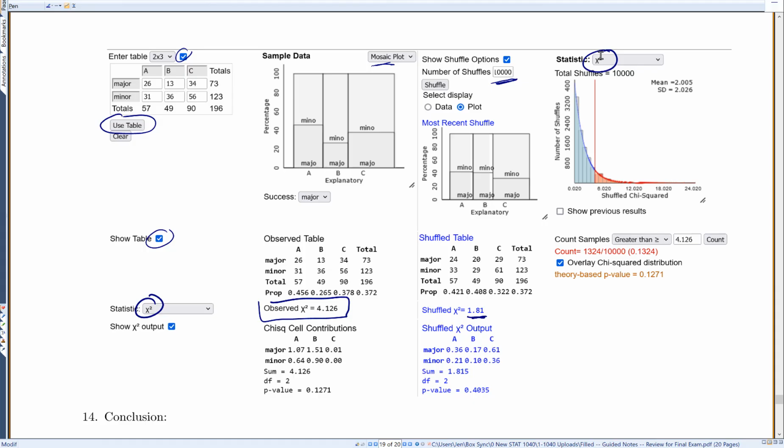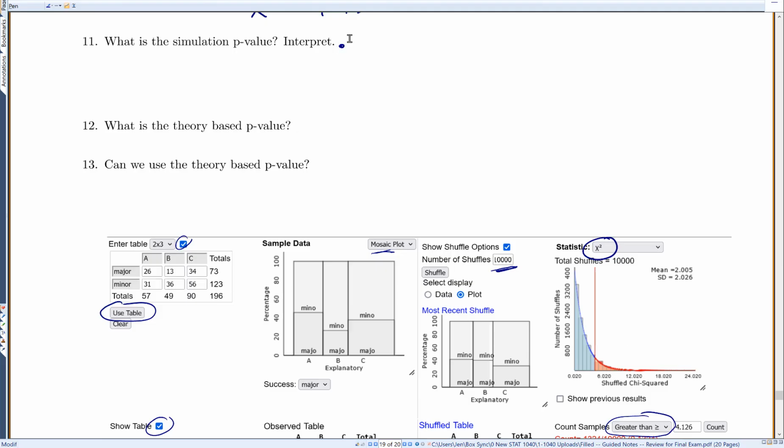Make sure you have chi-squared as your test statistic, and we want to count samples greater than 4.126. For a chi-square test, it's always samples greater than. Okay. So my simulated p-value is 0.1324.